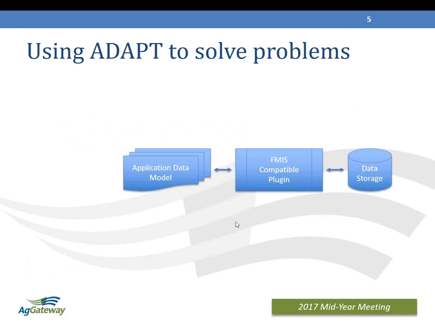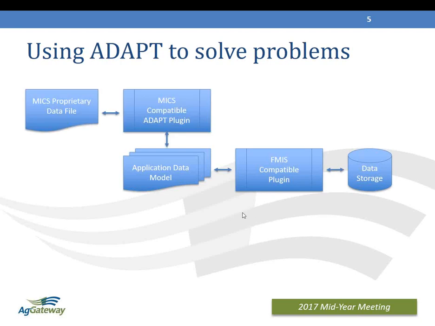So what happens is my FMIS application uses what we're calling a plugin to communicate and build up data in the application data model from the FMIS's own data store. The next thing that happens is I go out to the MICS compatible plugin and say, read this data that I've just prepared in the application data model and move that into the proprietary data storage for that particular controller.